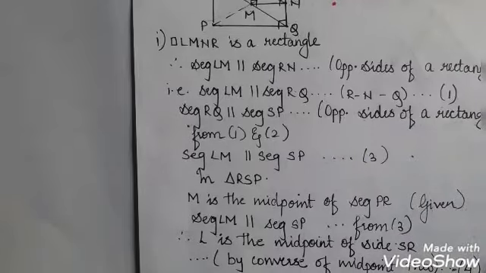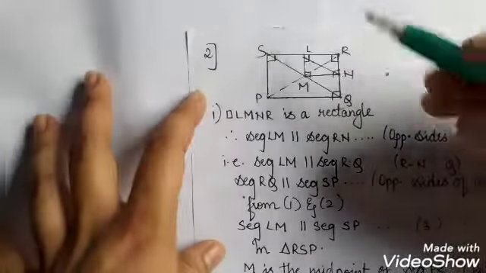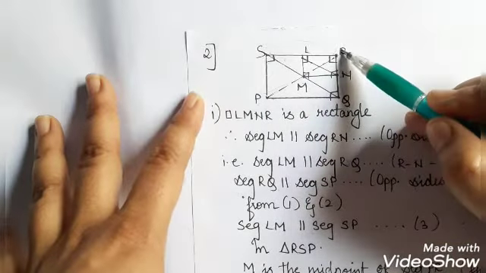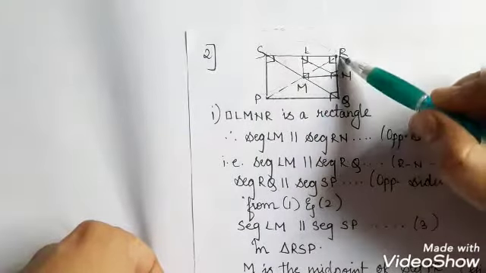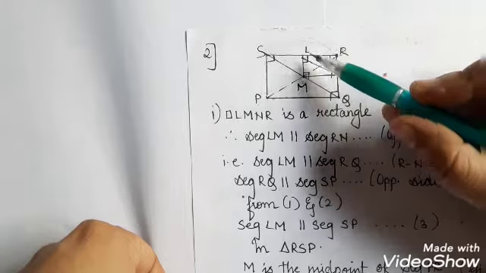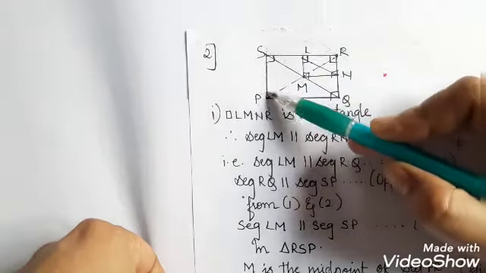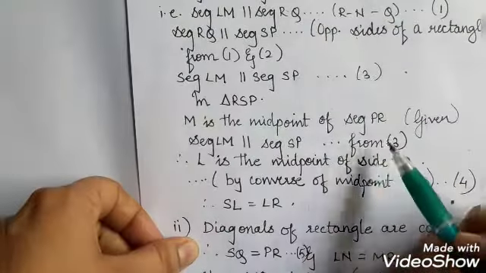But LM is parallel to SP, which we got from 3.